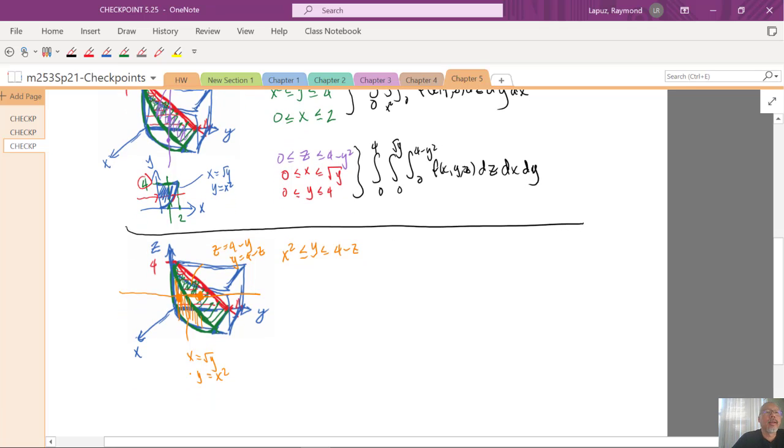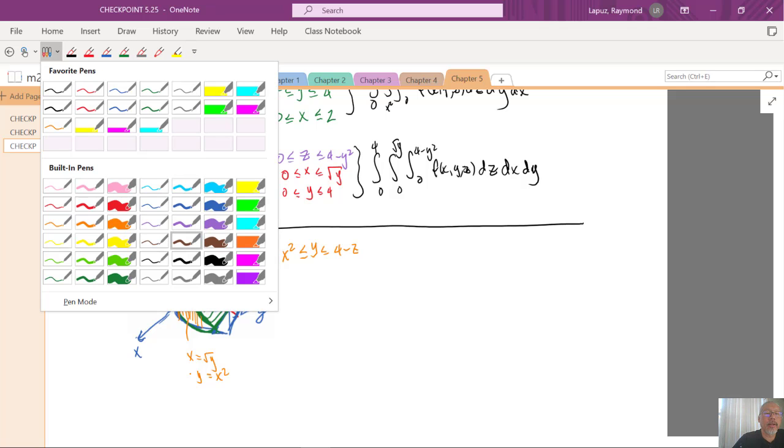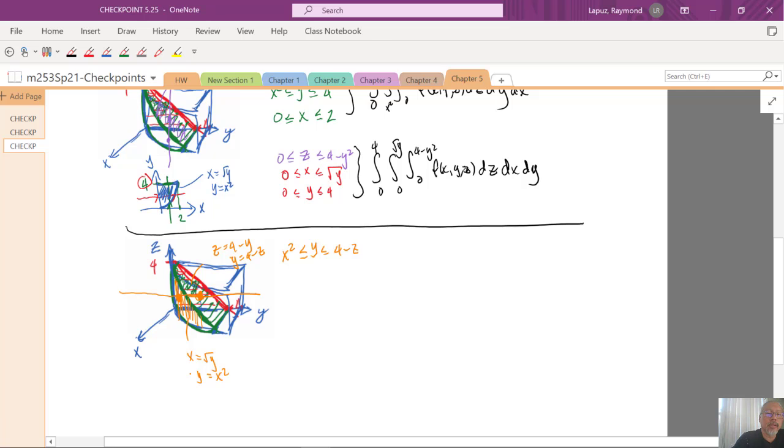Okay. Now the tricky part about this scenario is to see the shadow on the xz plane. The shadow on the xz plane is a little tricky to see, but you can see that this should be part of the shadow, and then it looks like it kind of curves. Now I don't know exactly how the curve is going to look, if it's going to look like this or like this, but it's going to be the shadow that it's going to make on the xz plane.